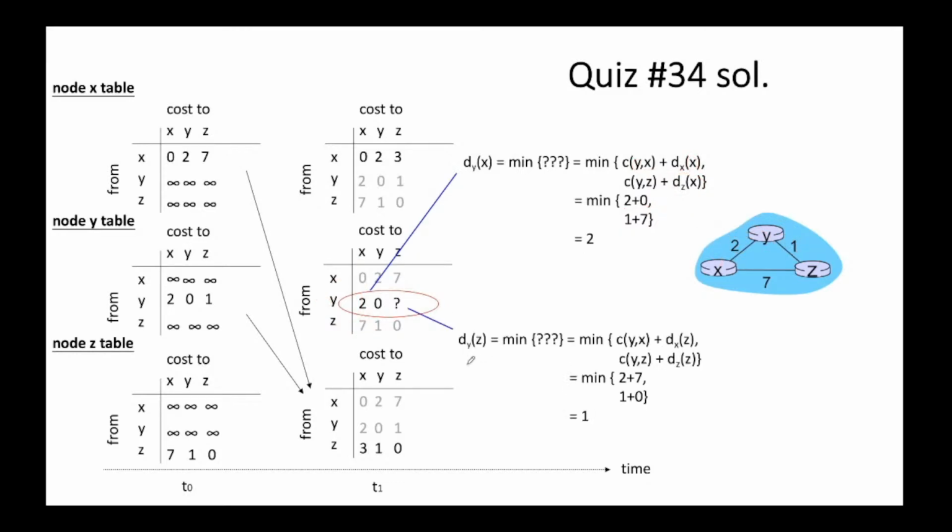The second entry in the distance vector of y is dyz. So again, starting from y, going to the final destination z. We'll have to try through both neighbors. First neighbor being x, link cost from y to neighbor x is 2. The shortest distance from x to the final destination z, dxz. So let's see, dxz.